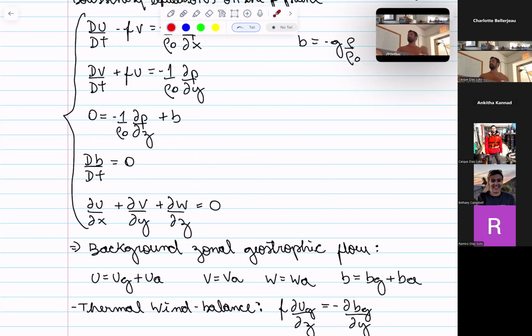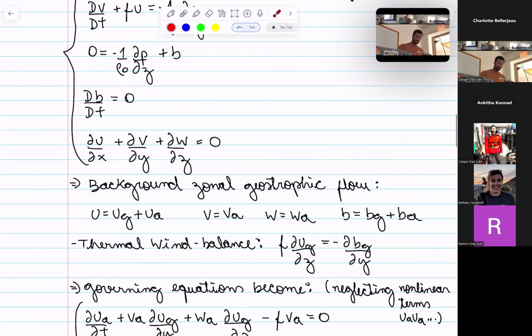Our background flow is gonna be just with a zonal component. So our U velocity has a geostrophic velocity and an ageostrophic component. Our meridional velocity is just gonna be the ageostrophic, and our vertical velocity also just ageostrophic. The buoyancy can be divided into the geostrophic component that balances the geostrophic flow and the ageostrophic component.